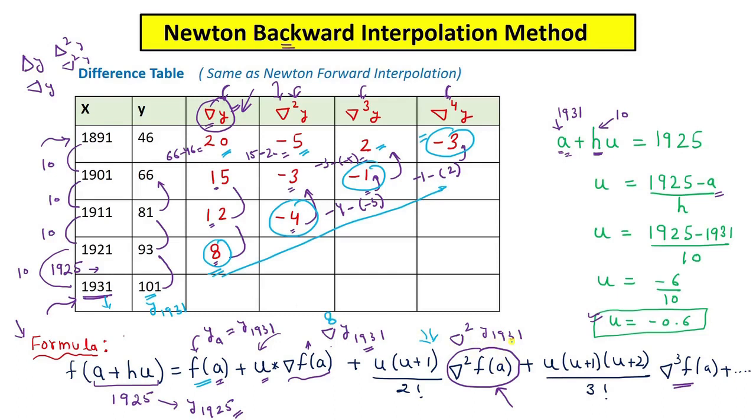Similarly, del square y of 1931 is from the del square y column, the last value, that is minus 4. Similarly, del cube f of a will be this value, minus 1. And similarly we will use the next value, del 4 of f of a, that is del 4 y of 1931. This way we will put all these values in the formula.